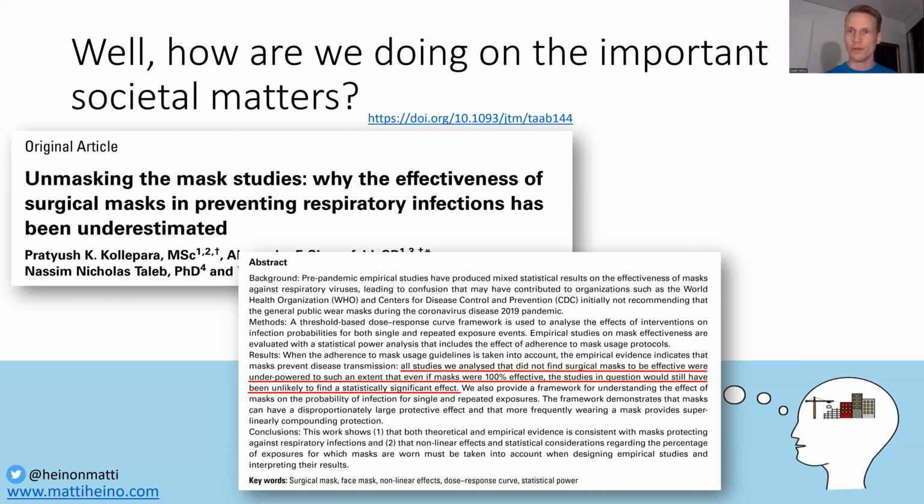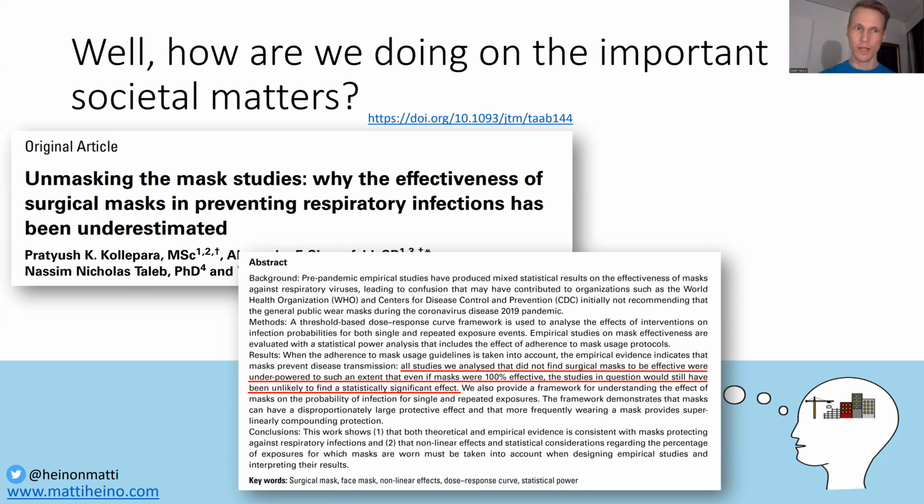So we return to the point. In many of these studies, the control group wears the mask as much as the intervention group, and there are many problems in trying to make people wear masks, especially if they don't consider there to be a lot of threat.